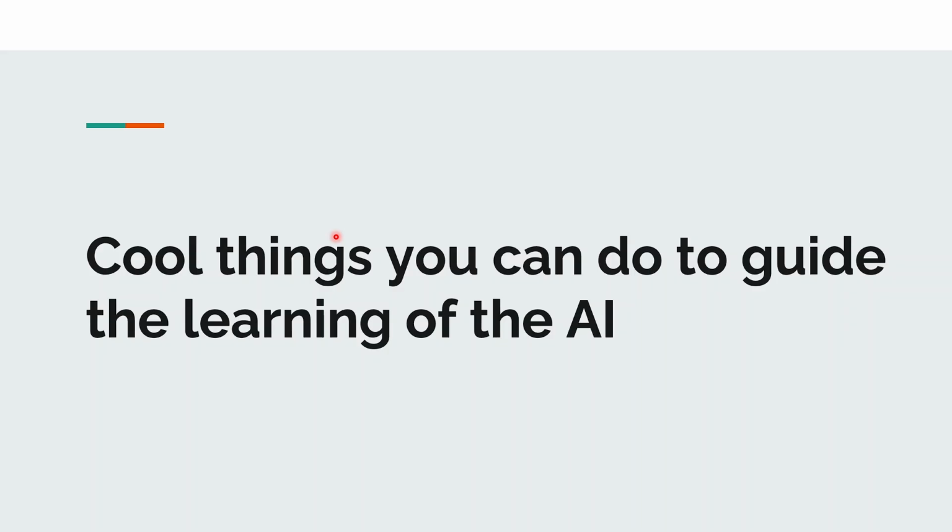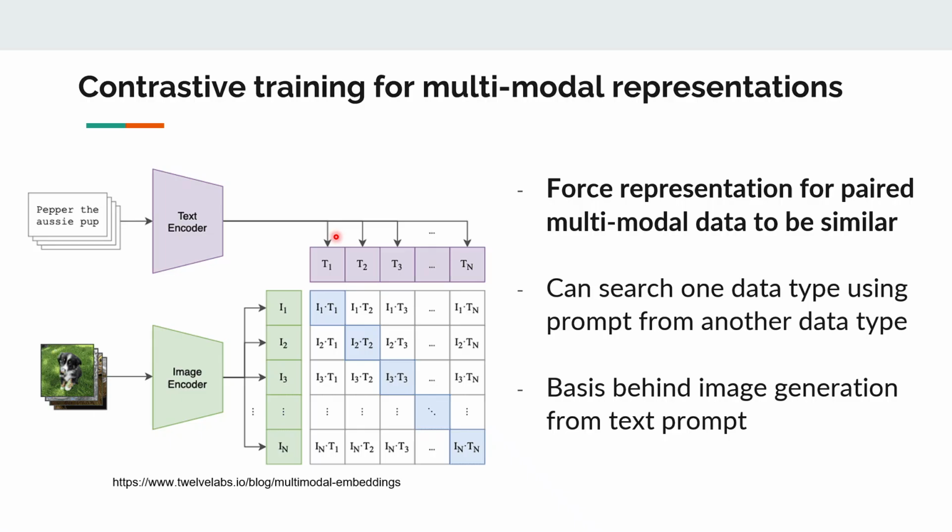Before we go into the application in biology, I also want to show you some cool things we can do to guide the learning of AI, including generative AI. You might wonder how we can generate one type of data from a different type of input. When you want to generate an image, you start from a description of an image.